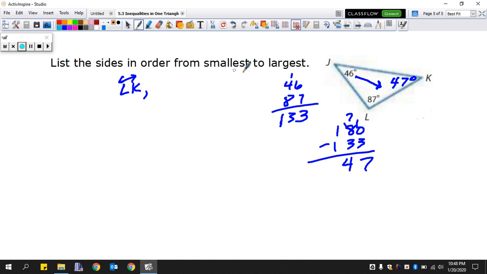And then the next one is 47. So the side that's opposite that is JL or LJ. Okay. And then our largest side is opposite the largest angle, which is JK.